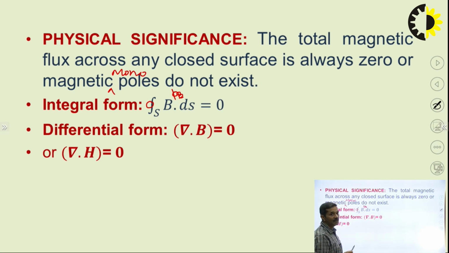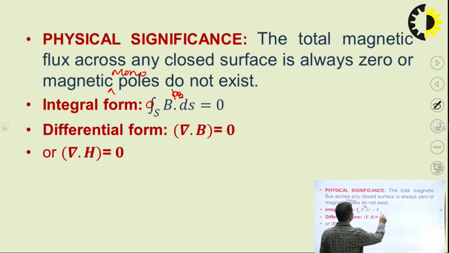Again, magnetic monopole does not exist because magnetic lines of force are continuous. If they start from the north pole, then they end again on the north pole, right? So they are continuous. So change in magnetic flux will always be 0. That's why we can say magnetic monopole does not exist. If there is a north pole, then a south pole must always exist there, right?